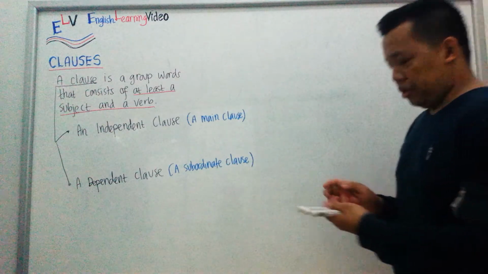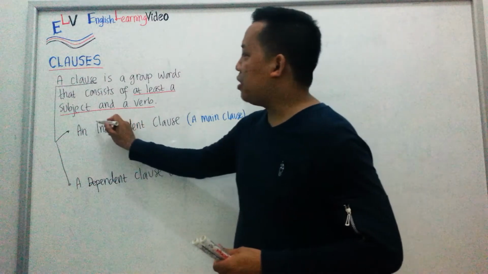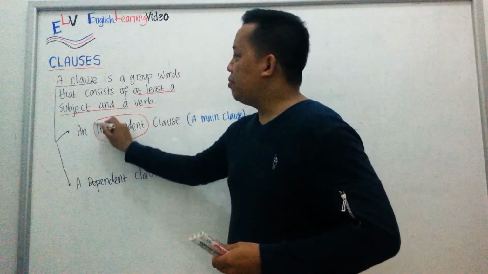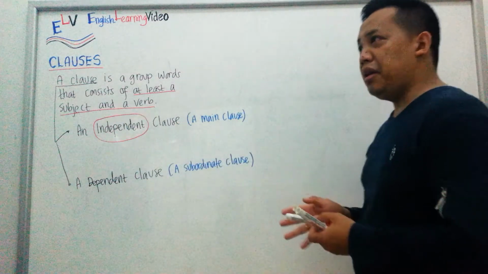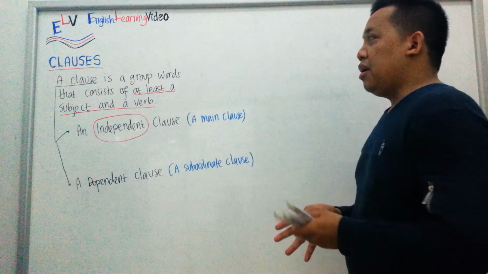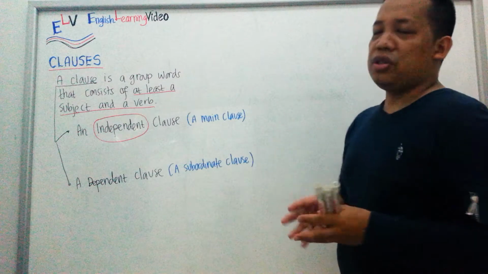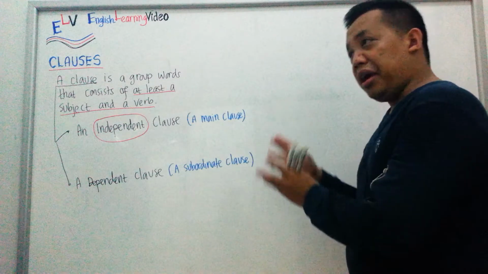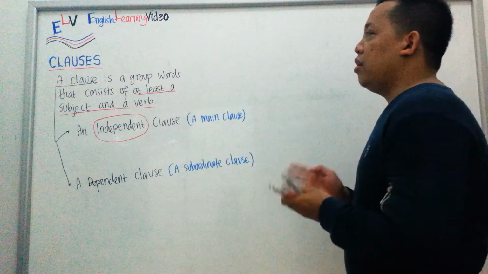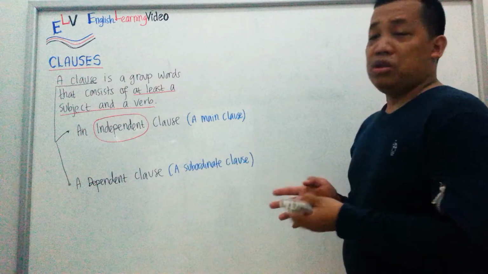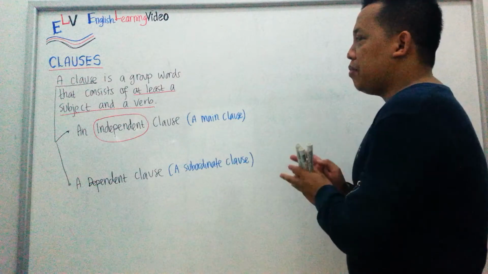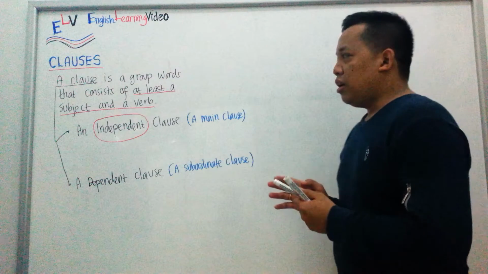An independent clause, as its name implies, is independent. So you can imagine if somebody is independent, he or she is free and can stand alone. He or she doesn't depend on any other people or things to continue his living. So the same applies for an independent clause.